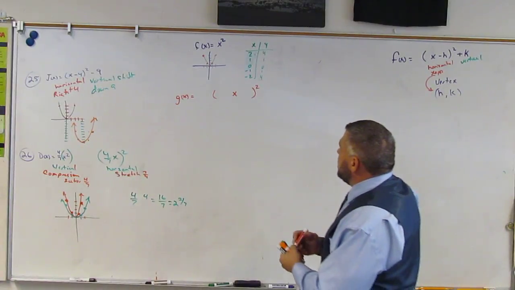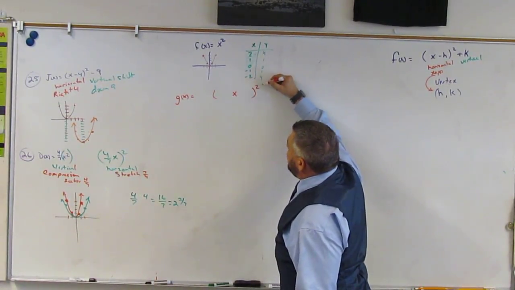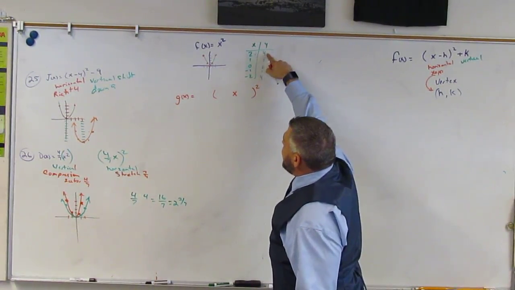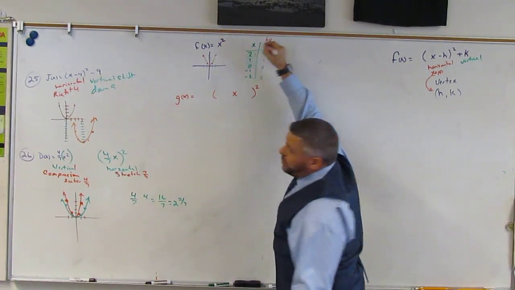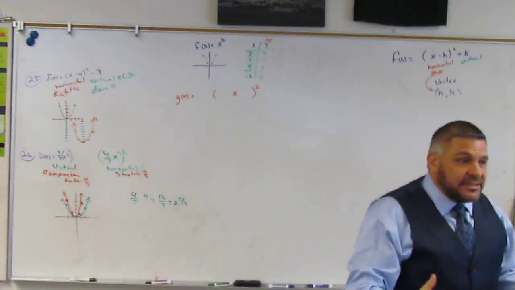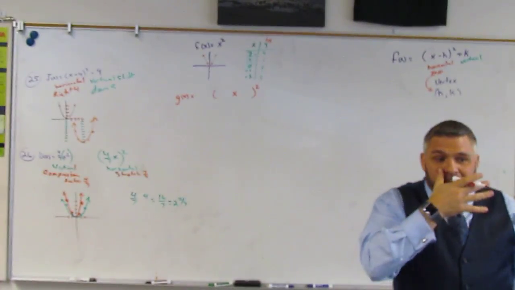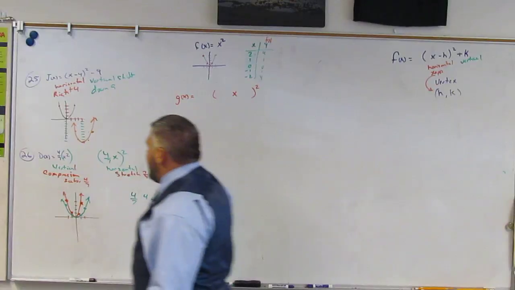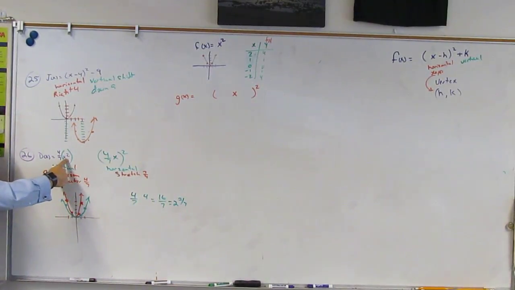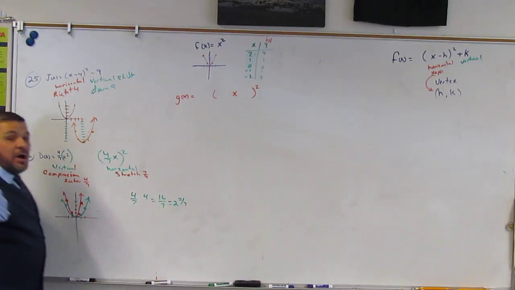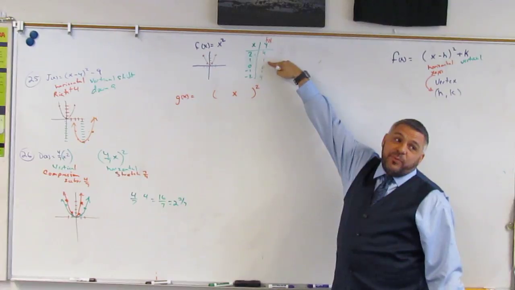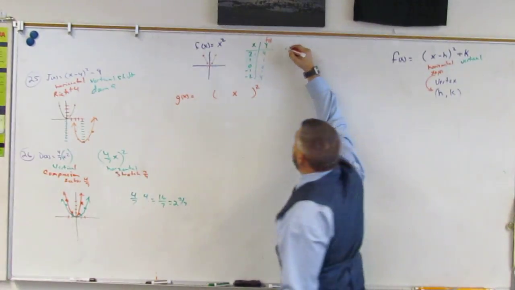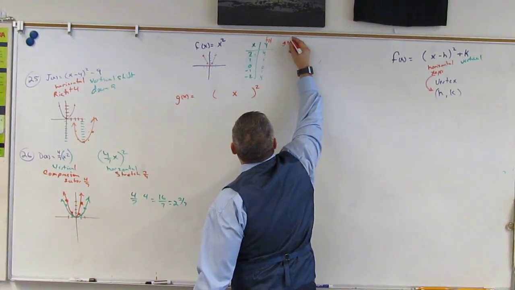So what's happening here is that's your y, that's your f of x. And you're taking that f of x and multiplying it by 4/7. So all you're really doing is saying 4/7 of 4, 4/7 of 1, 4/7 of 0, and that becomes your new g of x.